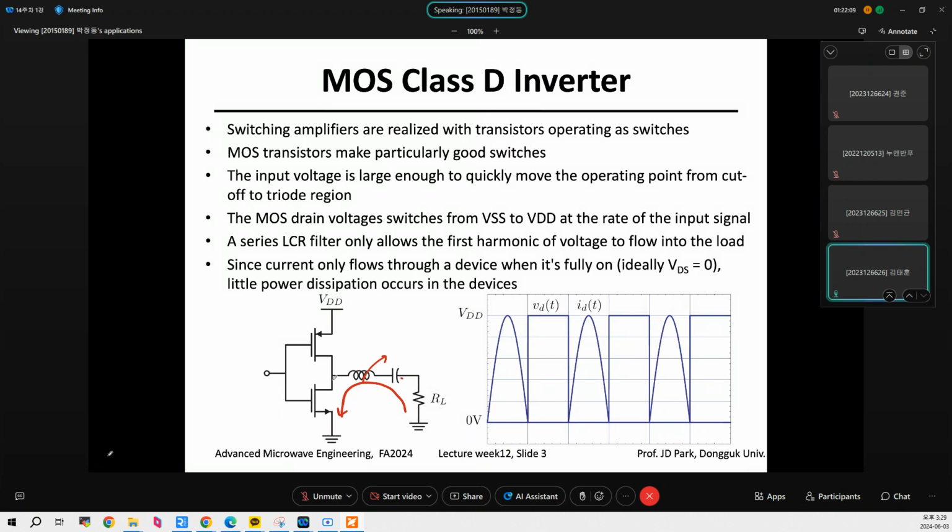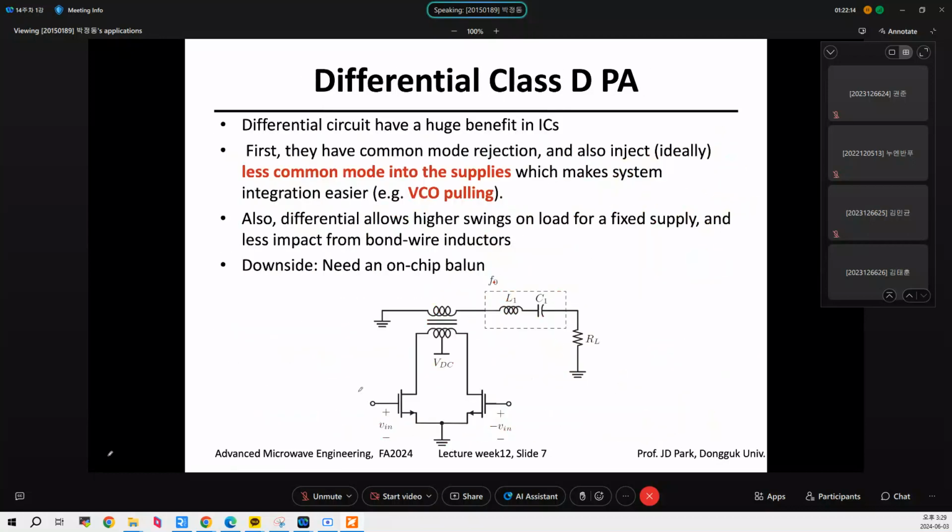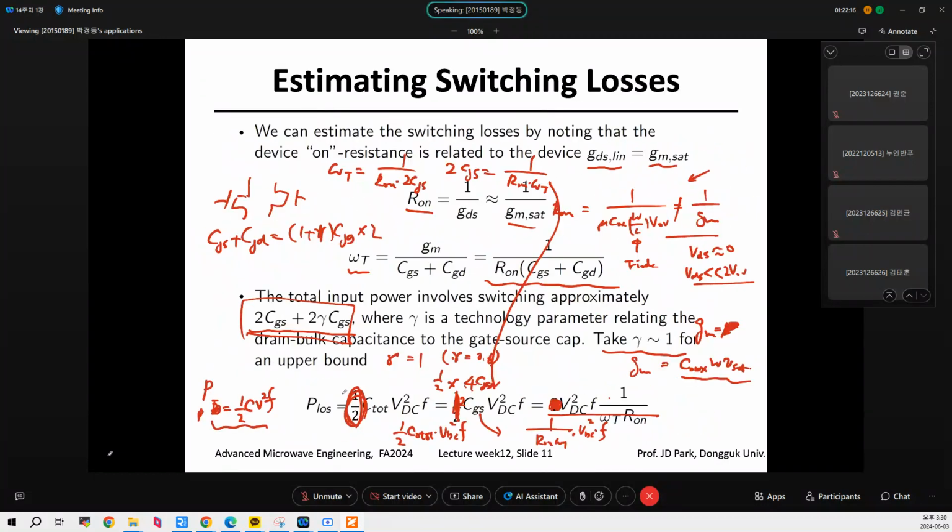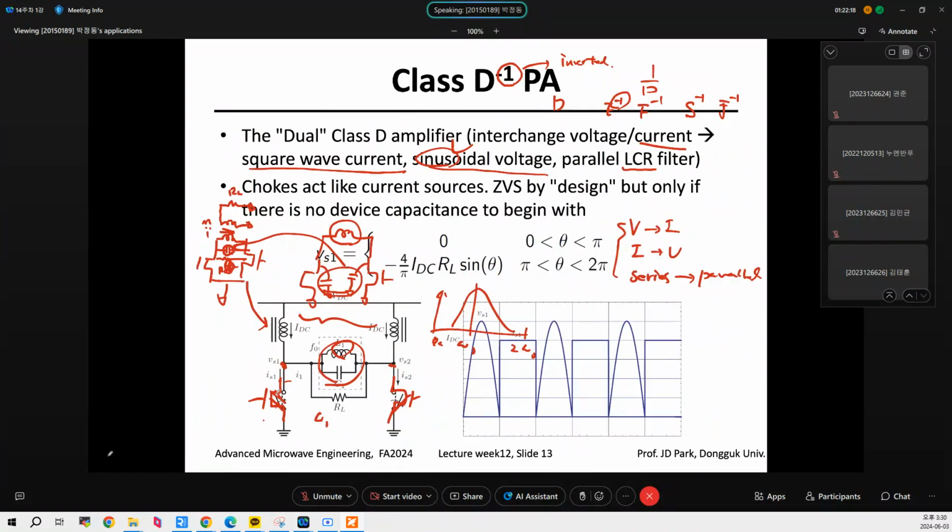But in this case, the current is abrupt. Why? Because this switch directly opens, so since this is open, there is no current conduction. So the current looks like this.